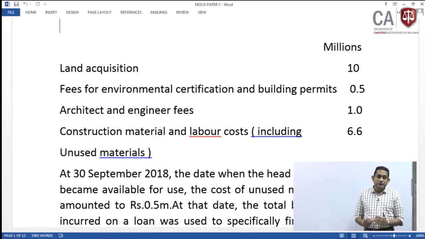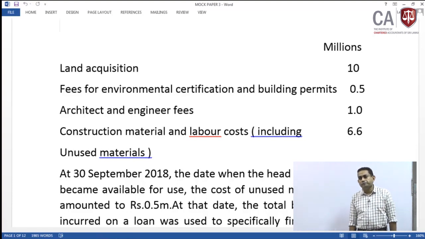Since it was not a purchase transaction, rather a self-constructed building, the cost to be accumulated under IAS 16 should be the directly attributable cost in preparing the asset to the required level.